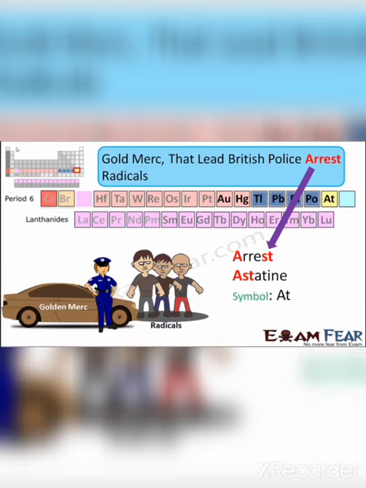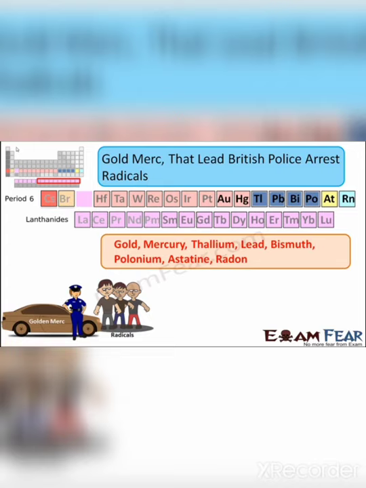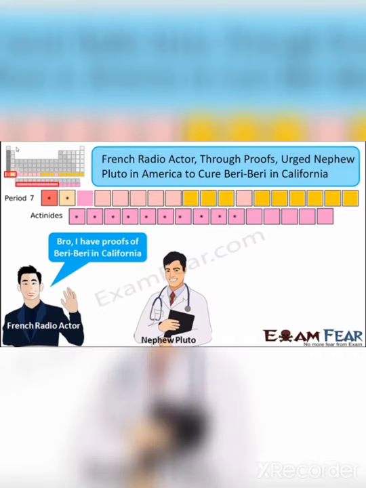Arrest reminds of astatine. And radicals reminds of radon. So our memory tip for this last set of elements of period 6 would be: Gold murk that led British police arrest radicals. Now let's move on to period 7.